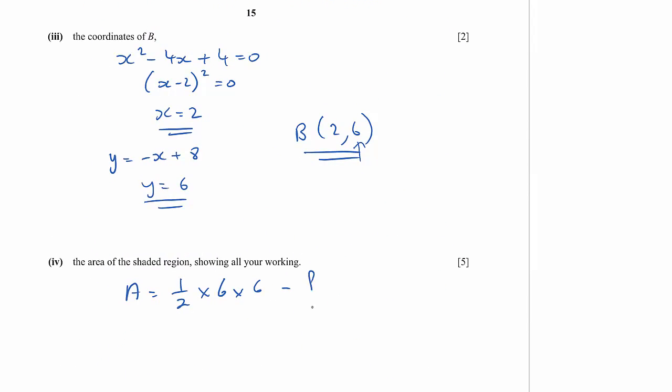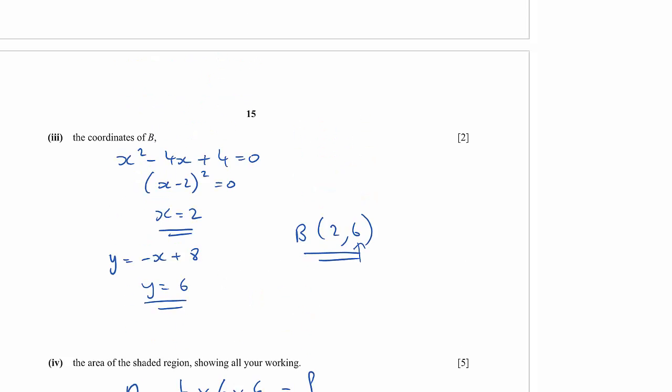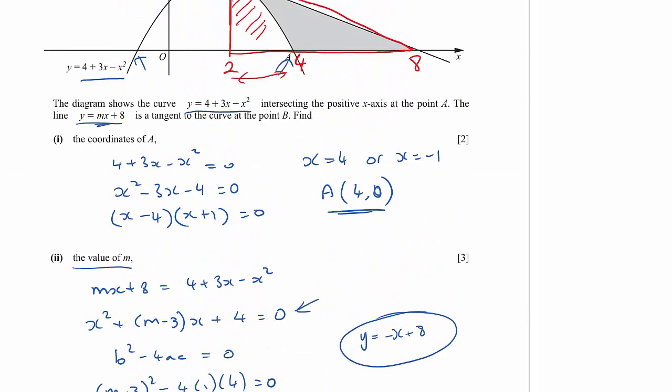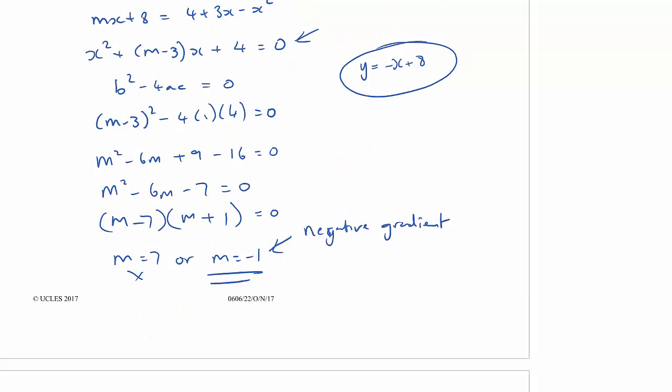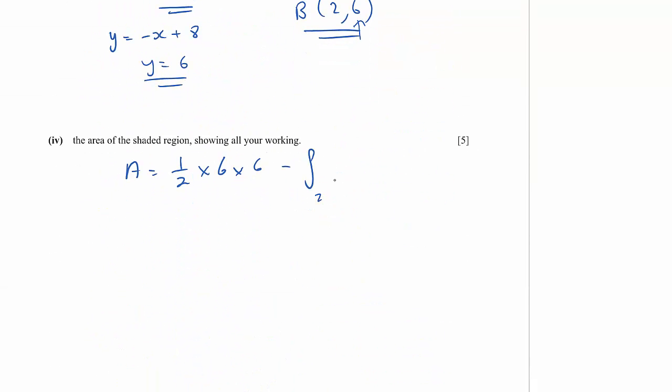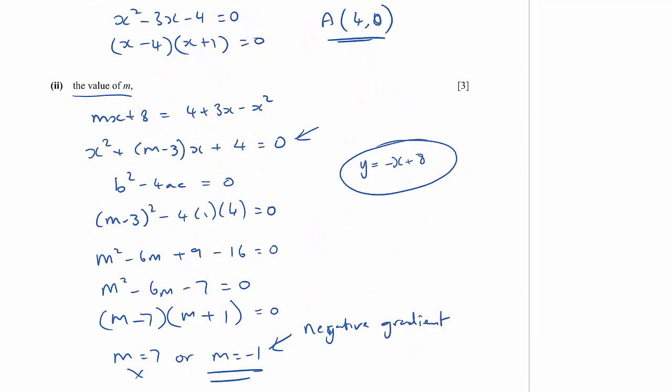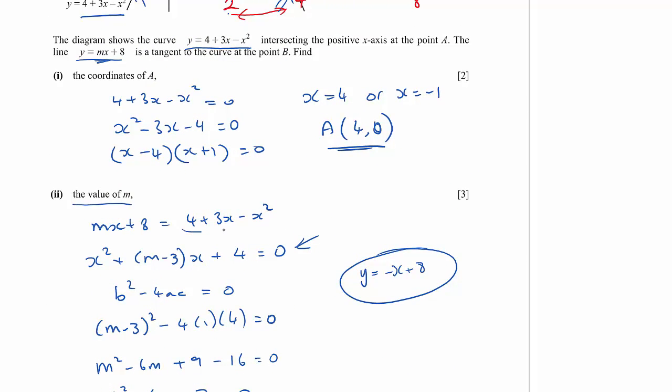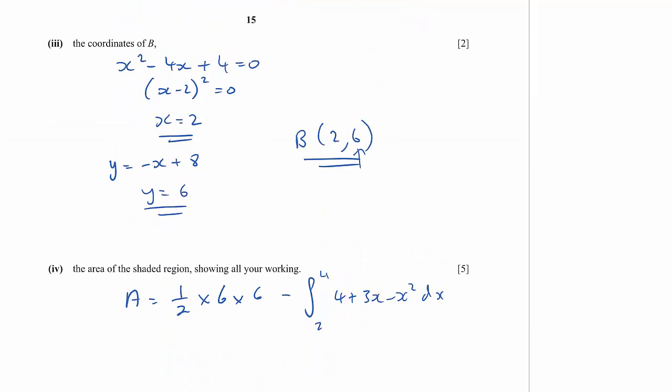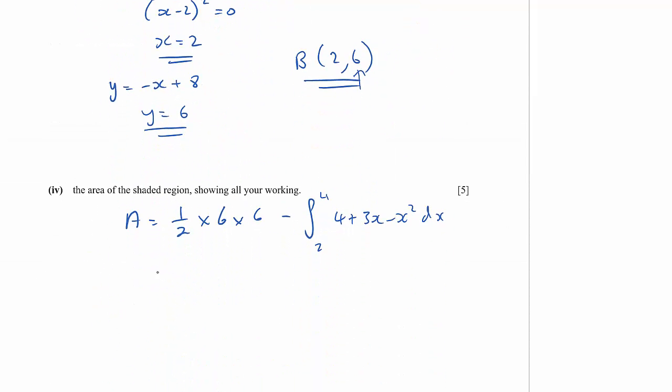Take away the integral from 2 to 4 of the curve, which is 4 plus 3x minus x squared. I'm just going to go back and check that. 4 plus 3x, yeah, minus x squared. That's the one. So 36, half of that is 18.